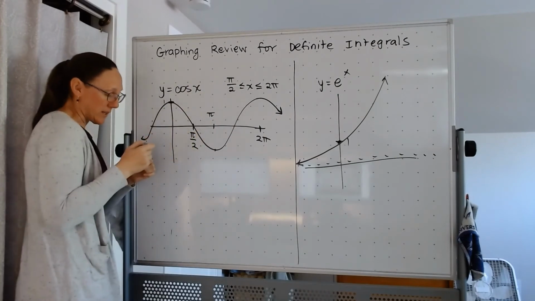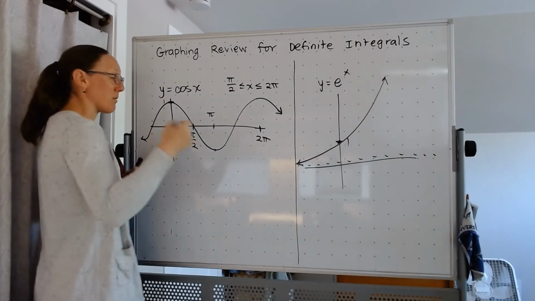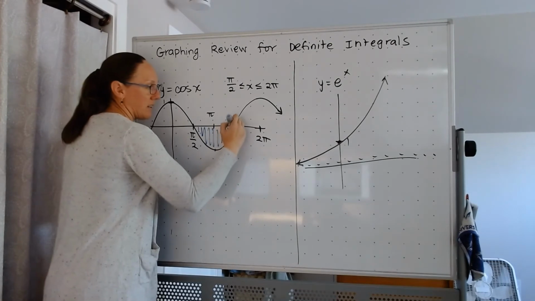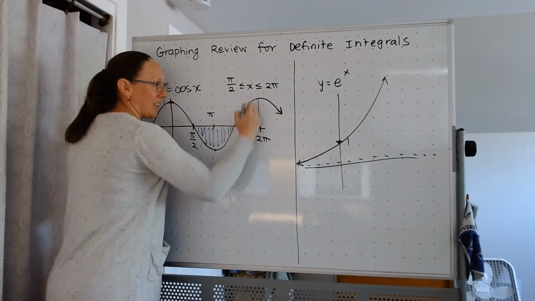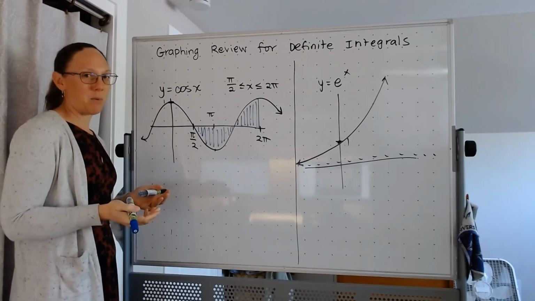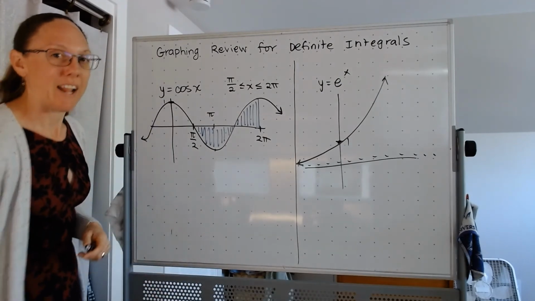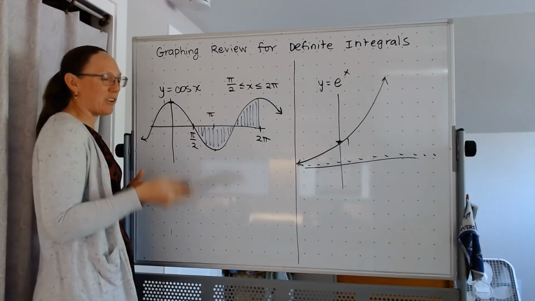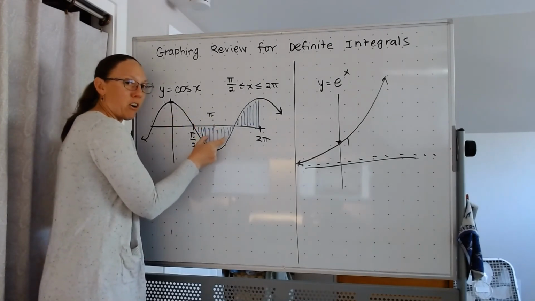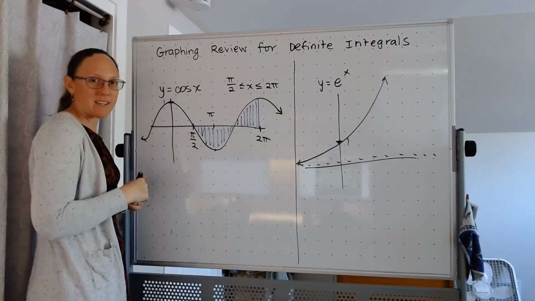So if I care about cosine on pi over 2 to 2 pi, that means in terms of the graph, I'd be looking at all of this, and additionally all of this. So even though right in this moment, I couldn't tell you the exact value for the definite integral on pi over 2 to 2 pi, I could tell you that it should work out to be negative because there's more area under the curve in that window than there is above the x-axis.